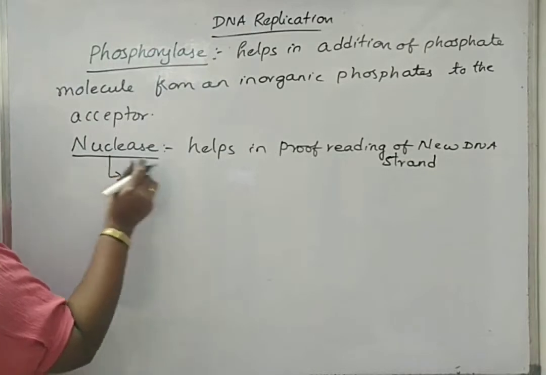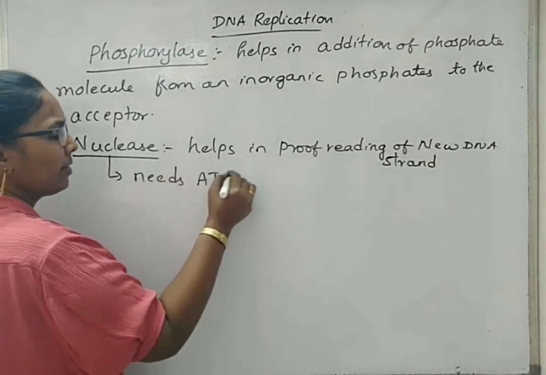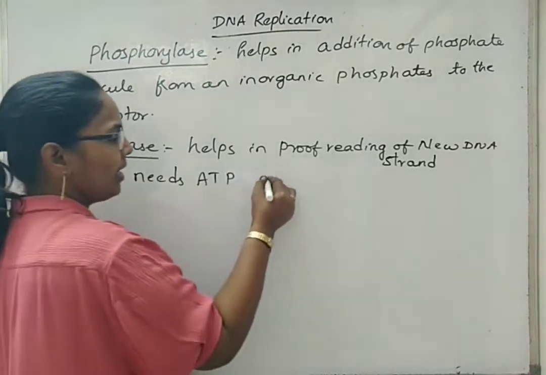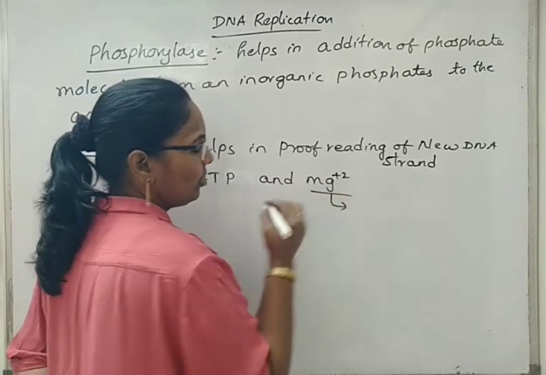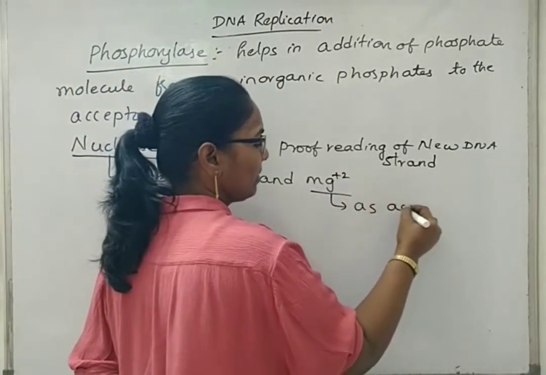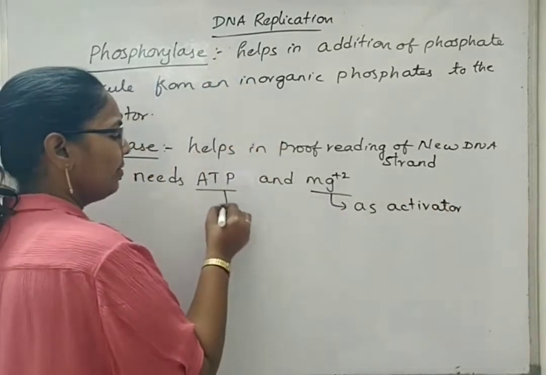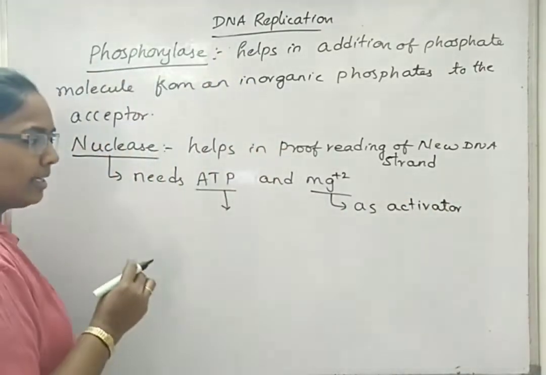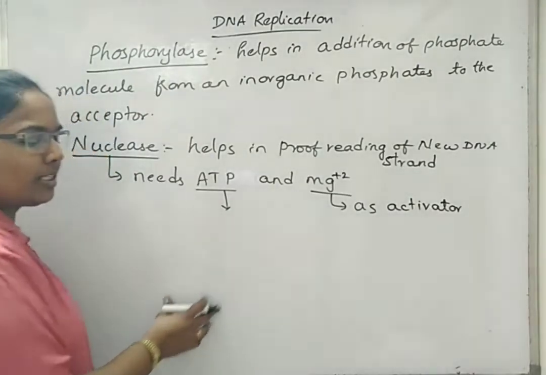But this one, for its proofreading function, it needs ATP for energy purpose and magnesium ions. Magnesium ion is working as an activator of nuclease. This ATP will be broken down into AMP and the phosphate molecules are separated so that energy is also released.